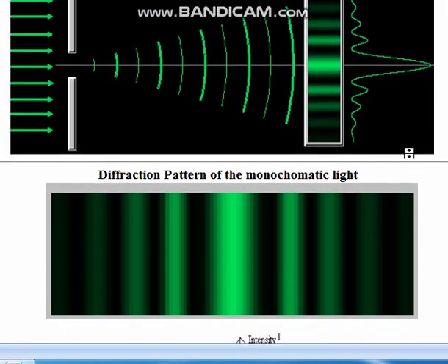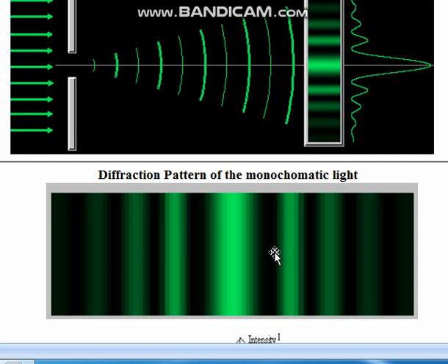Now let's see this diffraction pattern more closely. Here I draw the diffraction pattern horizontally, and you can see that there is a contrast problem, because in interference all the dark bands are purely dark, but in diffraction there may be some presence of light.